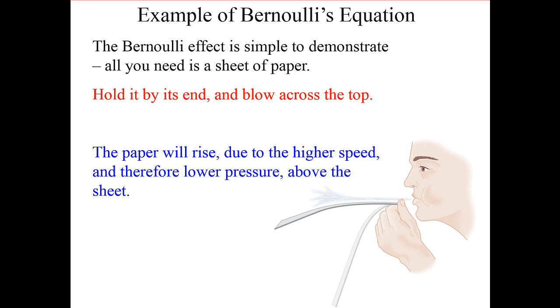Probably the most famous example of Bernoulli's principle is an airplane wing. The details of this are kind of complex, but the big concept is that the velocity of the air on top of the wing is greater than the velocity of the air underneath the wing. That means the pressure of the slow area underneath is greater, so a force pushes the wing up and gives it lift.